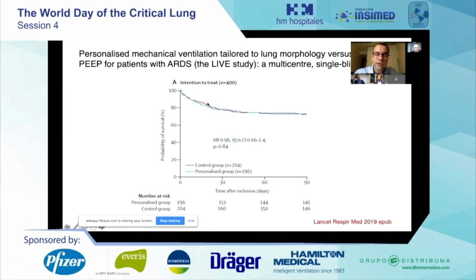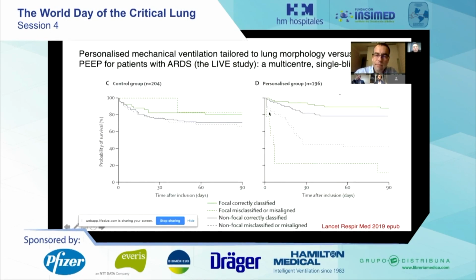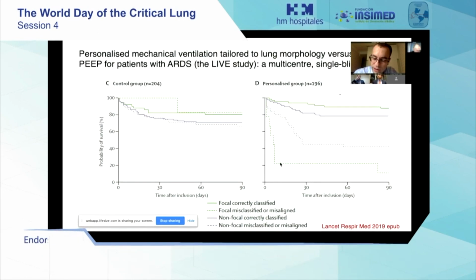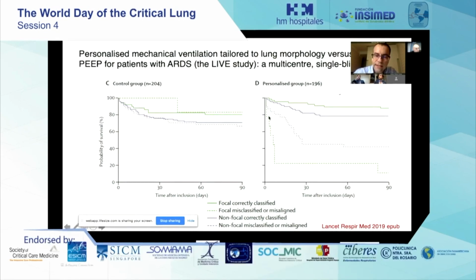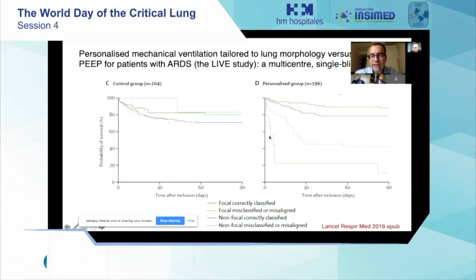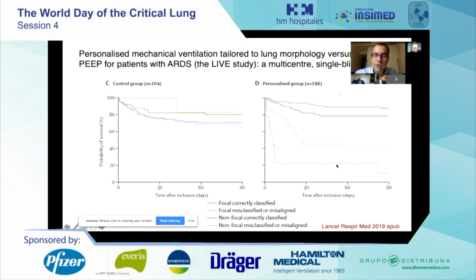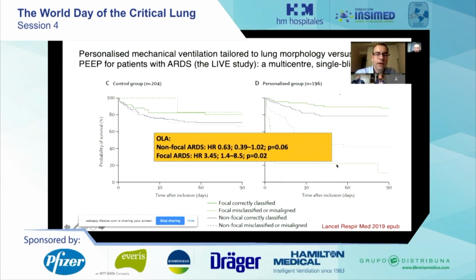Global results were neutral, but one can see that physicians classified a lot of patients erroneously. And one can see that the patients who had a higher mortality were those who were incorrectly classified as non-focal ARDS, but indeed had focal ARDS. Those patients that had focal ARDS and were recruited had a higher mortality.